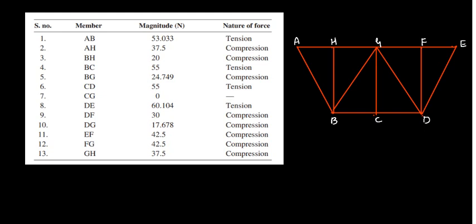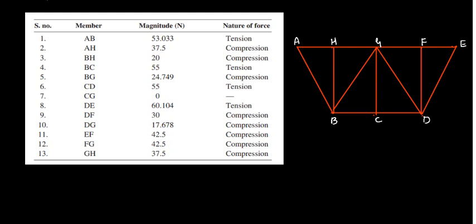We need to write the magnitude and the direction, whether it is tension or compression. Or else you can make a simplified diagram also. You can write the member forces above each member by showing the different notation.